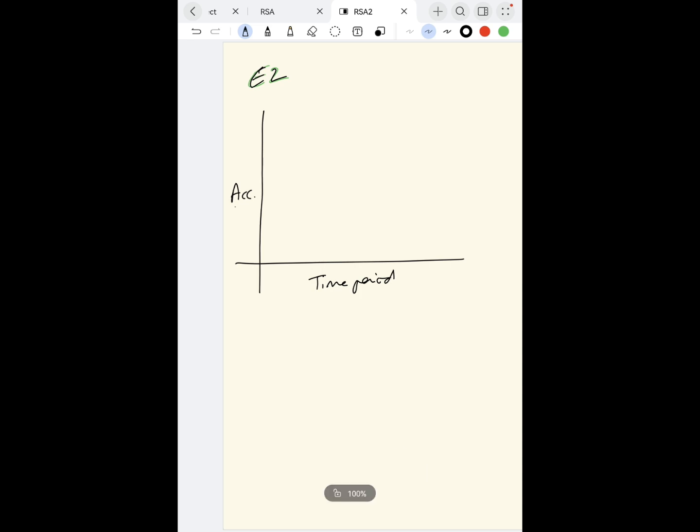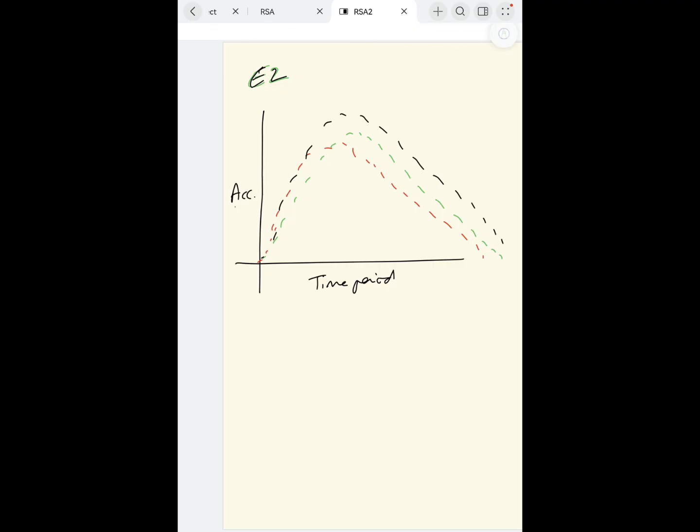Let us assume that this is our first graph which we got for E1, this is the second graph which we got for the earthquake E2, and this will be the third graph which we received for earthquake E3. So like this, we got one response spectrum. By using this, we got one envelope response spectrum.